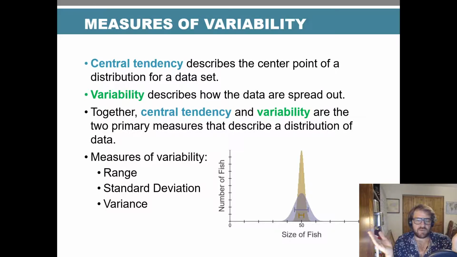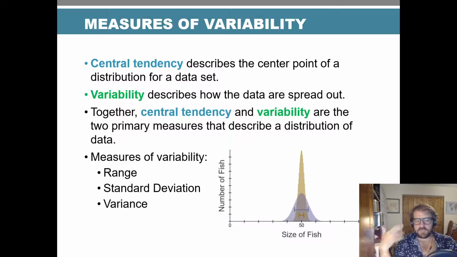There's not a lot of variability around 50 centimeters. It's very tightly clustered. When you use central tendency and variability together, you can pretty much describe the distribution that you're dealing with. And we're assuming that this is something that's normally distributed, so we have an idea of the shape of it. And so when you give us central tendency and variability, we can picture in our heads exactly what this looks like and what we can expect from it.